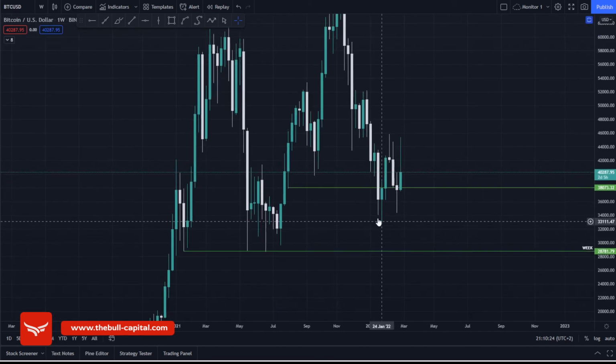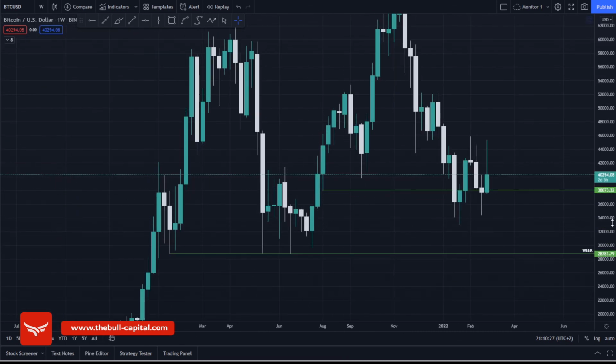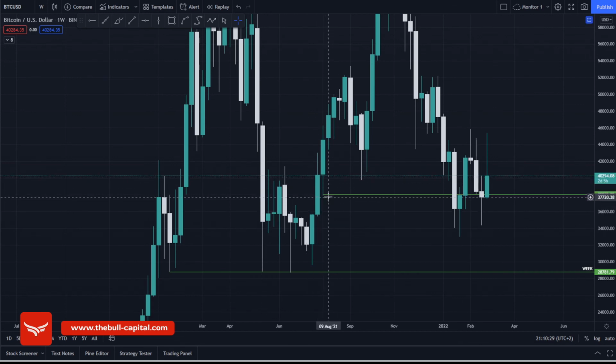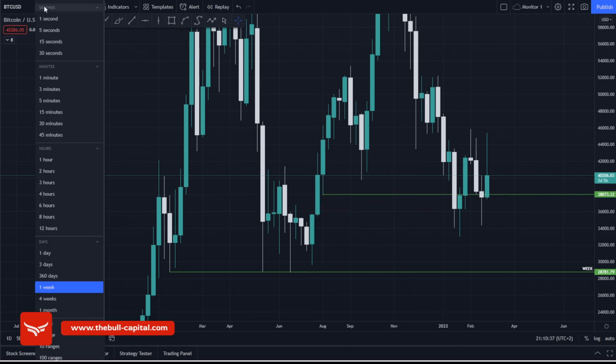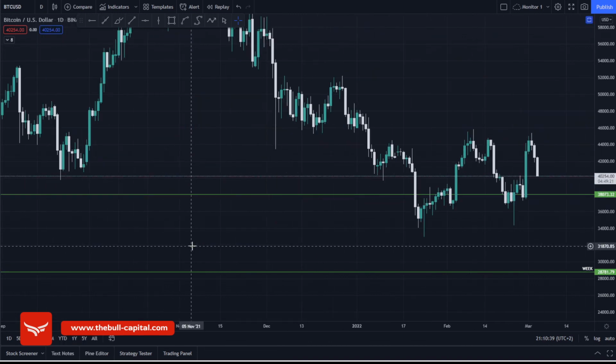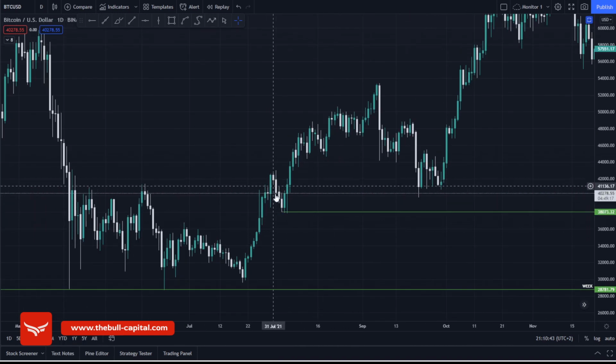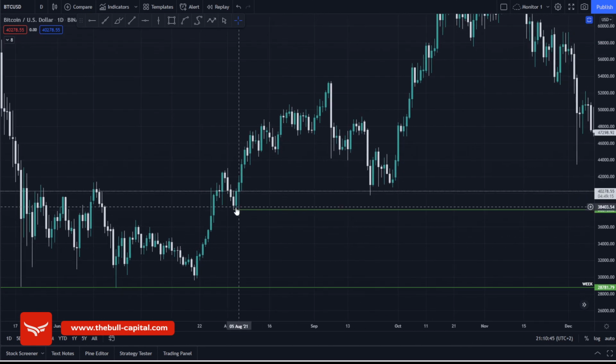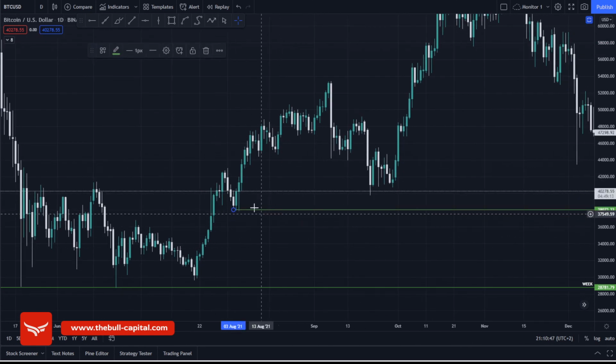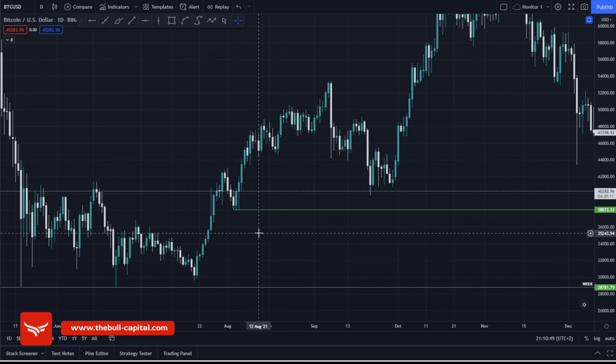Okay, you see, on weekly this is not a valley. So this level you can't mark on weekly, but you can mark it on daily, because on daily you have a valley here. That means this is a daily level and not a weekly level.